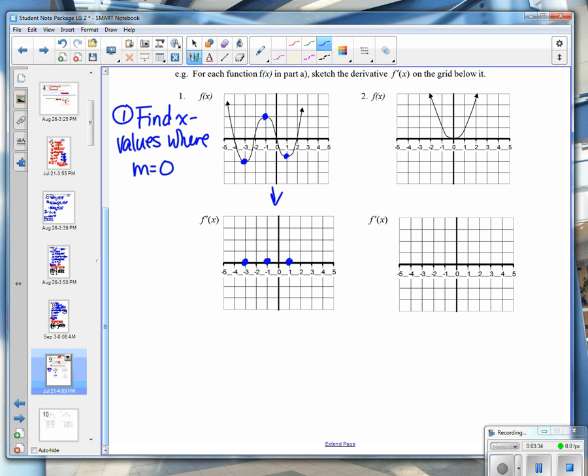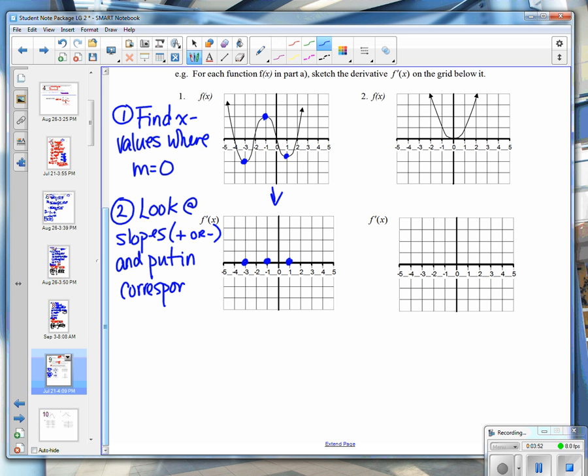And number 2, what we want to do now is look at the slopes, whether they're positive or negative, and put the derivative in the corresponding quadrant.